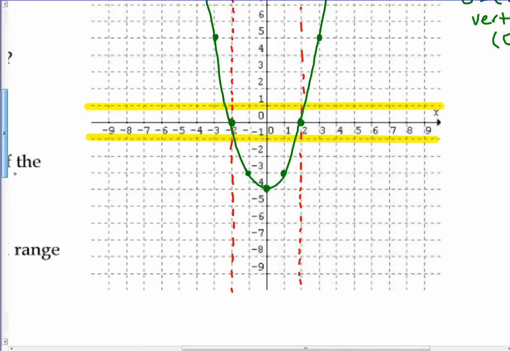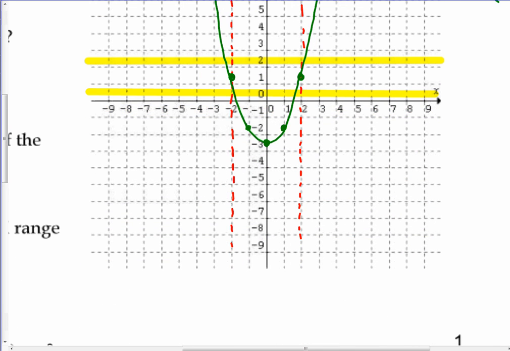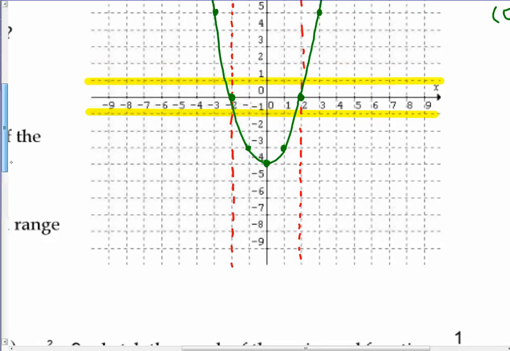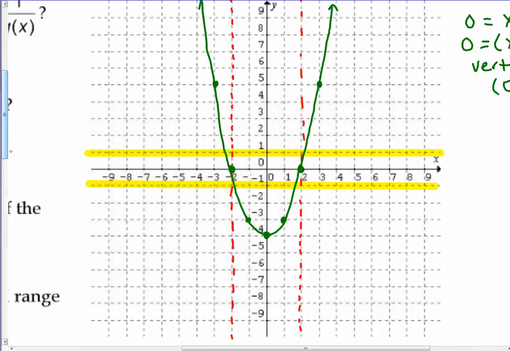So where y was 1 and -1, that's where our invariant points are going to be. So we're going to have a point there, there, there. We're approximating, right? As close as we can on the line of 1 and negative 1.